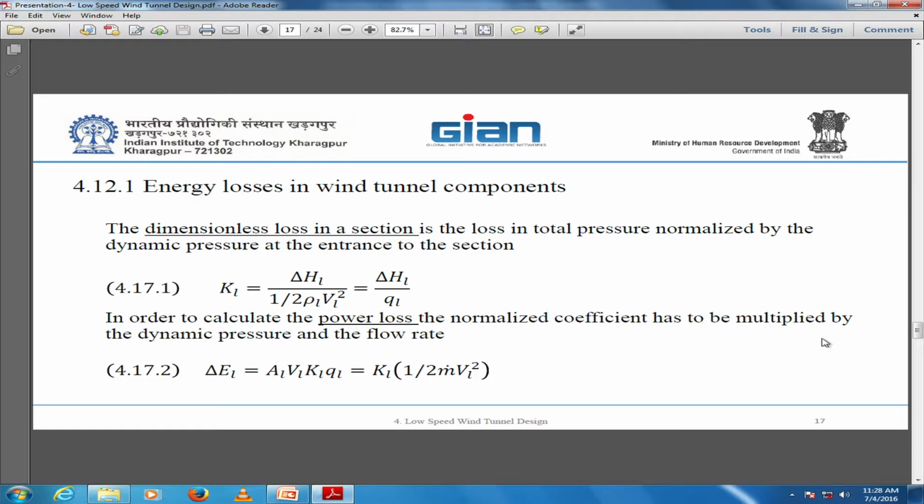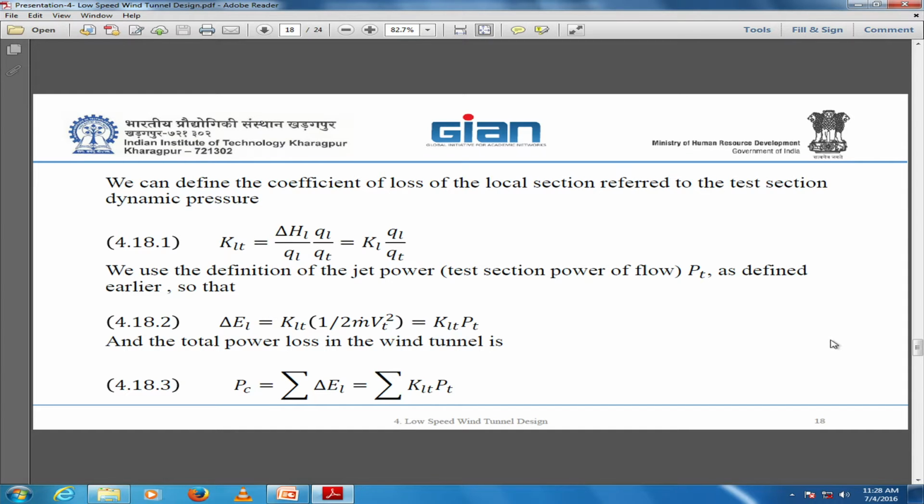Doesn't move, huh? What happens to this? Okay. So in your paper, in formula 417.1, the denominator should be half density, local density. Okay? Obvious.